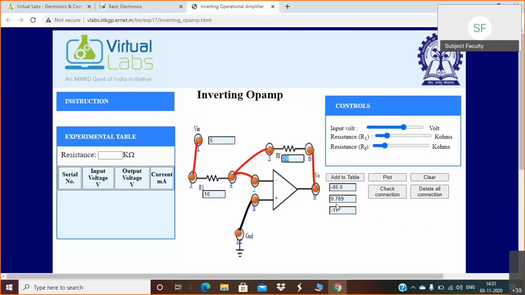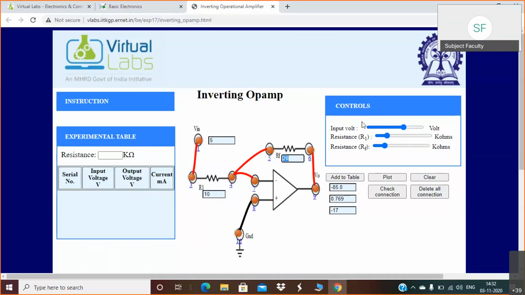That means your output should be minus 2 times your Vin. Whatever your gain is, the input will be amplified by that much at the output. So here the gain is minus 2 and input is 5 volt, so your output will be 5 multiplied by minus 2, that is minus 10.